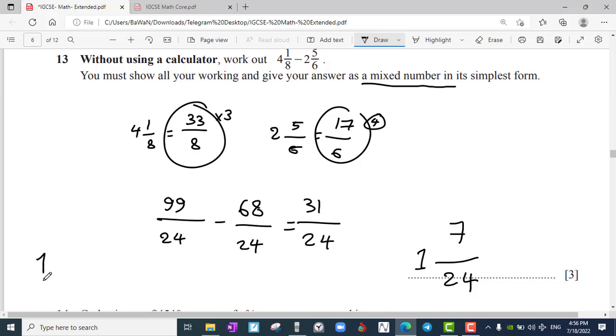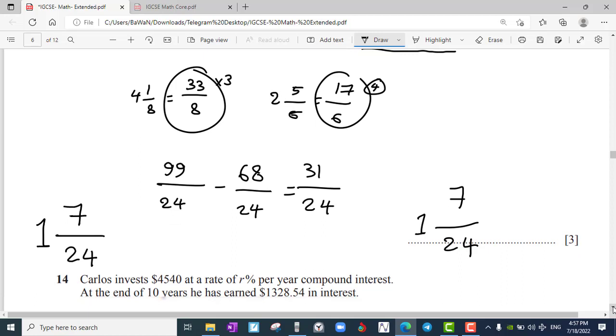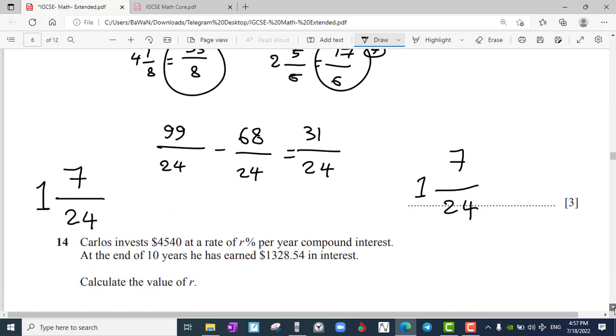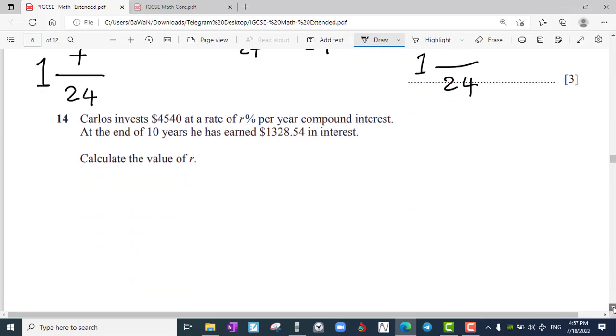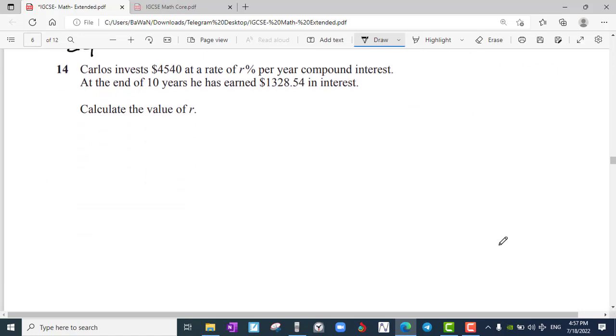There is only one 24 in 31. What's remaining from 31 if we take out 24? 7 remaining. Same answer. But if a calculator is allowed, due to time, we need to use it to save time.